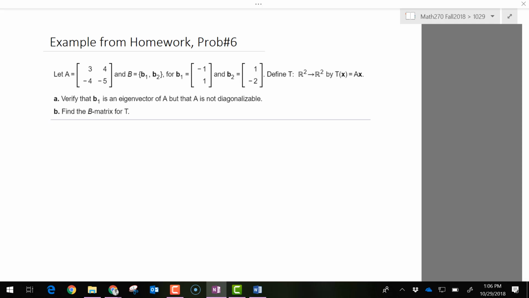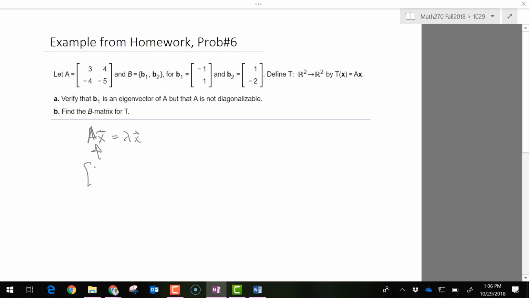But instead, let's just use the definition of an eigenvector: AX for this eigenvector X is equal to lambda X. Whether we know lambda or not doesn't matter. So let's do this computation.